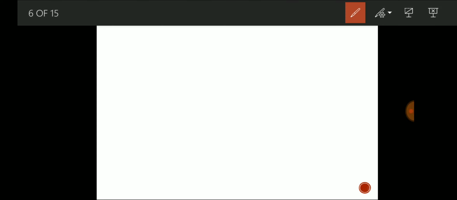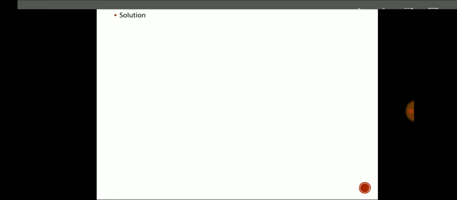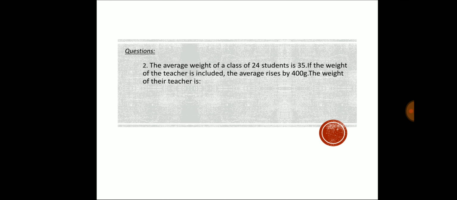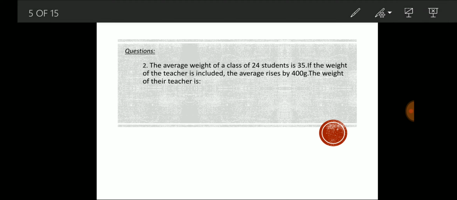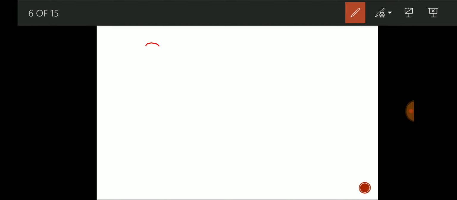24 people have the average as 35. Weight of the teacher is included. It becomes 0.4 increased. So the 25th person is added.